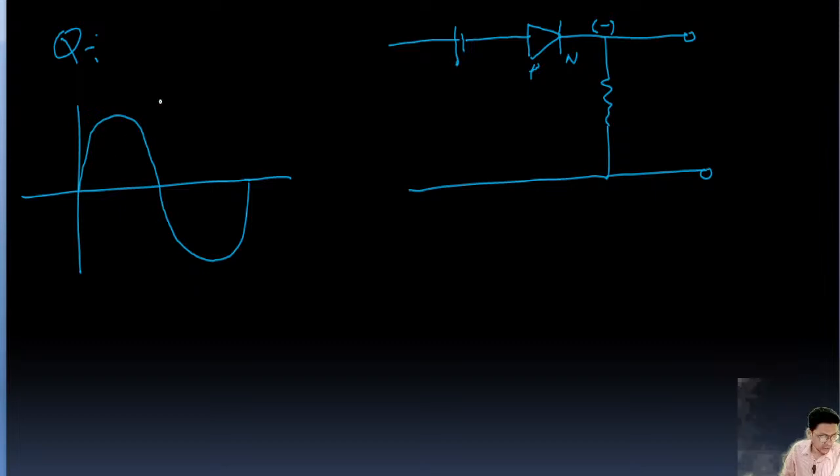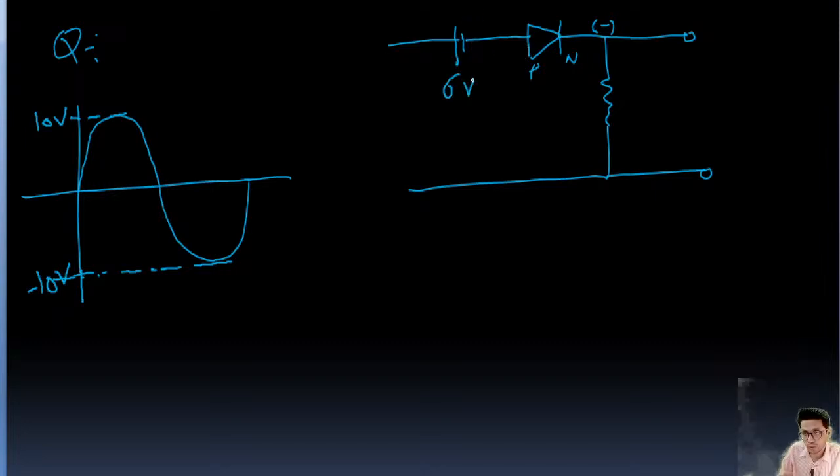So here you can see, this is 10 volt, and this is minus 10 volt. Okay, so we'll give first a positive half cycle. Positive means this P is positive, right? Positive half cycle we are giving.